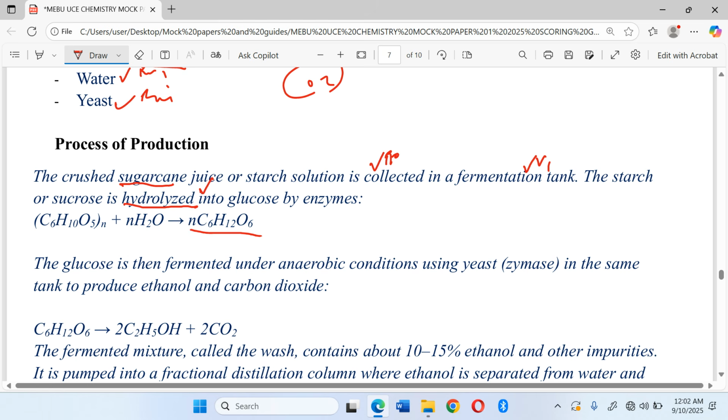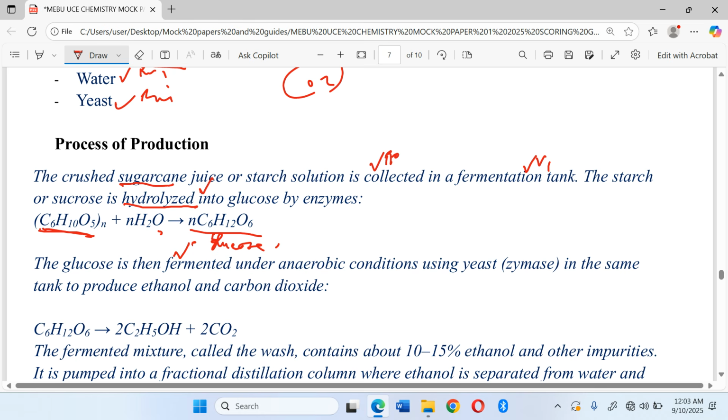This is the glucose that is formed when the sucrose or starch is added to water. Then the glucose is fermented under anaerobic conditions.